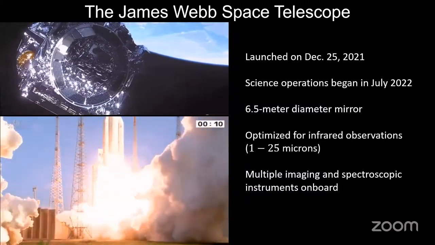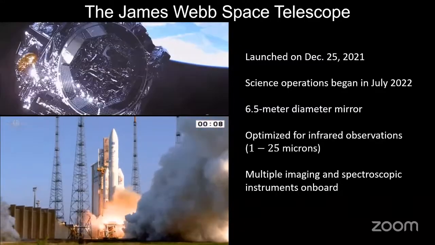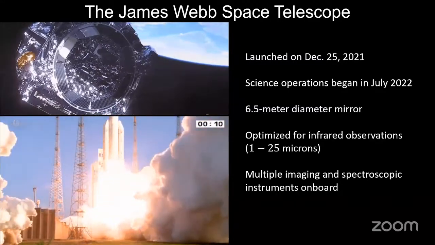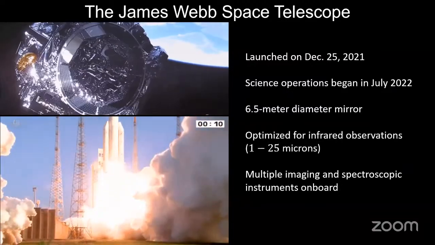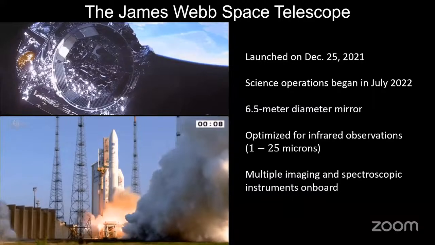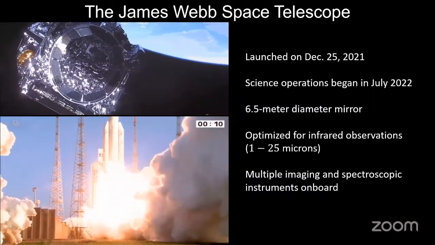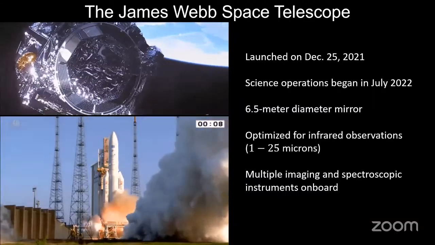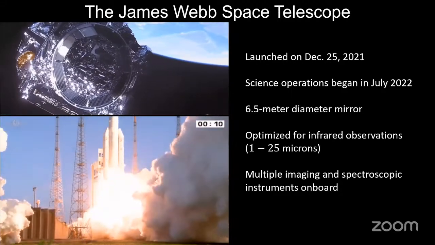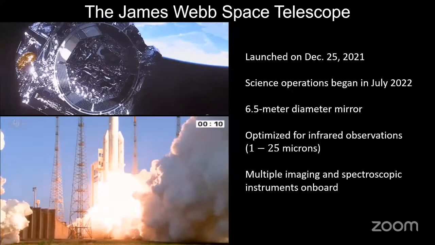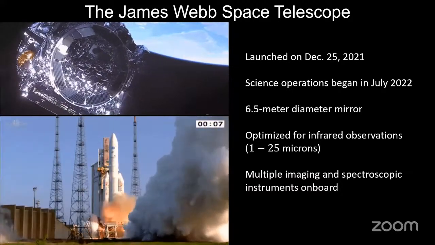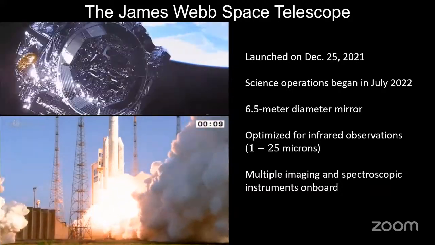Contrast this with the Hubble Space Telescope that we've all probably heard of as well. That telescope launched in 1990, and so is over 30 years old. Okay, so it's really great to get a nice shiny new telescope like this. It has a 6.5 meter diameter mirror, which is the part that collects light on the telescope. I'll talk about that more in a minute. It's optimized to observe at infrared wavelengths, so it observes infrared light.